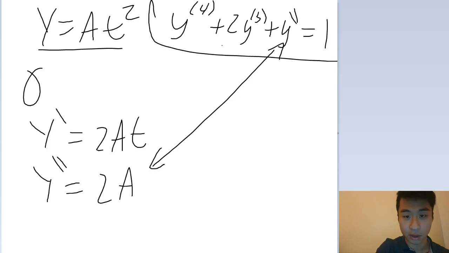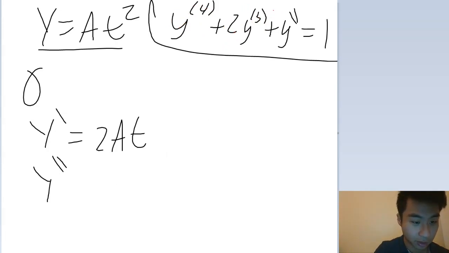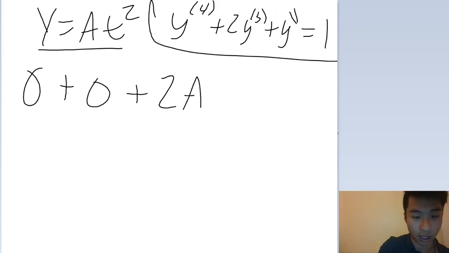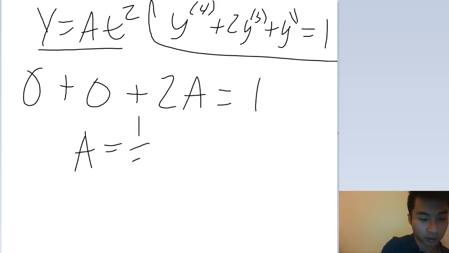So what we want to do now is plug this new guess back into the original differential equation. So I'll let you guys write this down real fast, and then I'm going to delete it. I'm just going to save this.